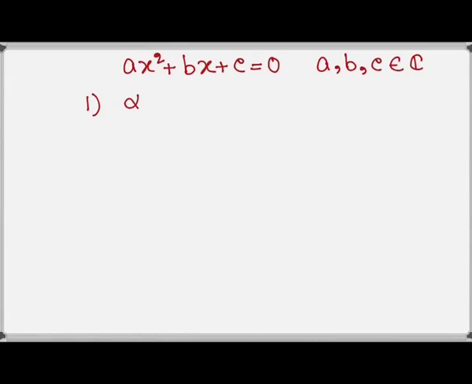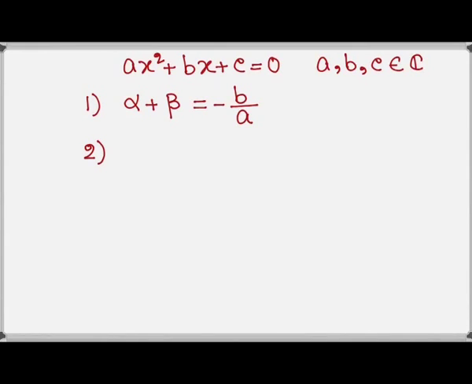We have the sum of the solutions alpha and beta is equal to minus b divided by a. If we sum alpha and beta, we get this is nothing but minus b by a.